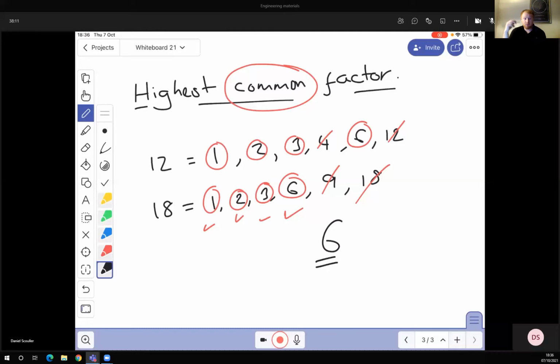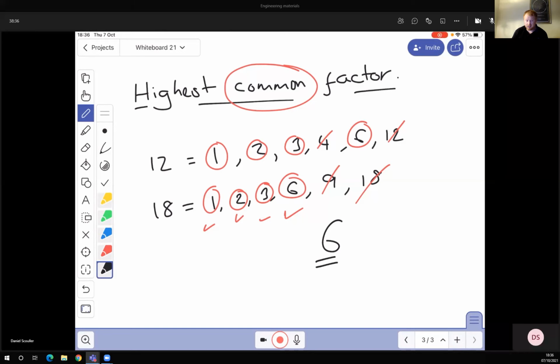So 11 squared, 121, being able to recognise that would be quite good. 12 squared, 144, being able to recognise that would be quite good. Just make sure you can spot it very quickly, because in the exam, under pressure, you'll be working to a time.